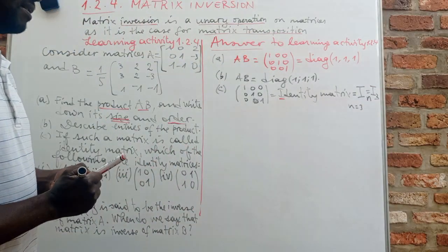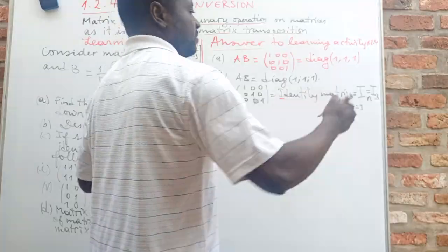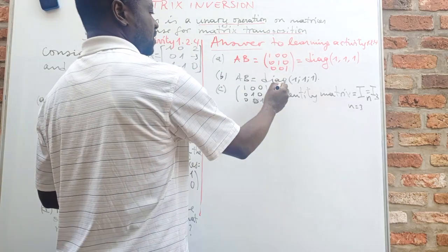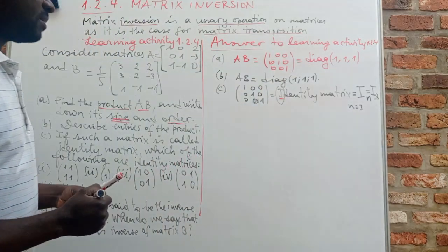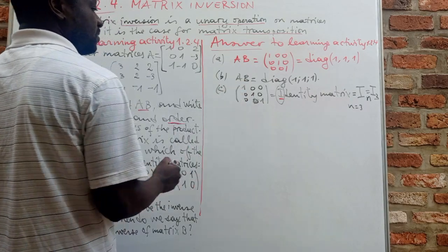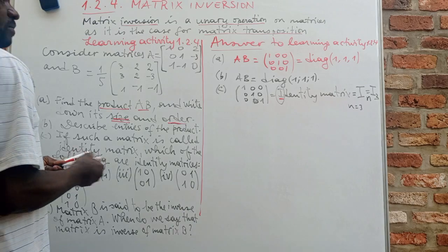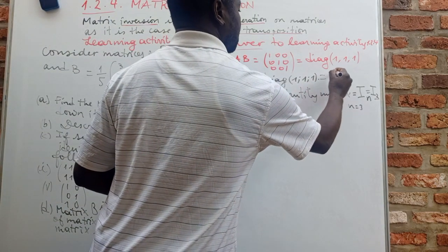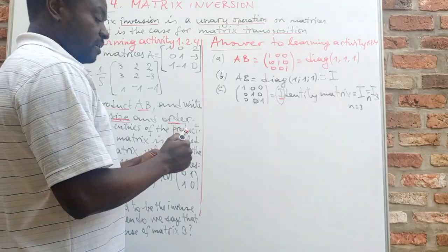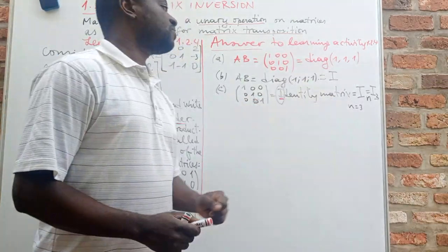to specify the order. When we don't need to specify the order, we can just write I to say that only diagonal elements are non-zero and are equal to 1. When we don't want to specify the order, we don't need to put it.